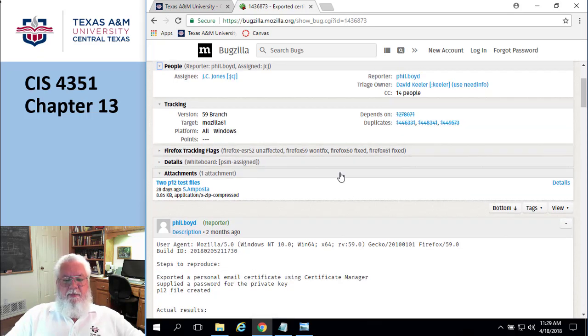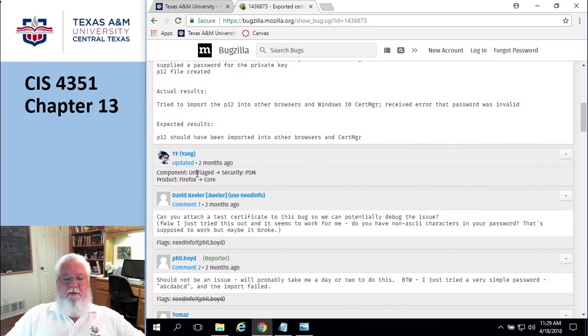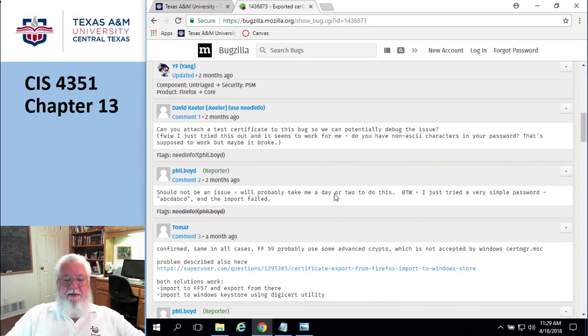I'm going to get down here to the point where he talks about the actual work. It says right here it went through triaged. Wow, that's a weird term. It went to security, and then the product went to the core, and then when finally we get down here, there's a cool thing.